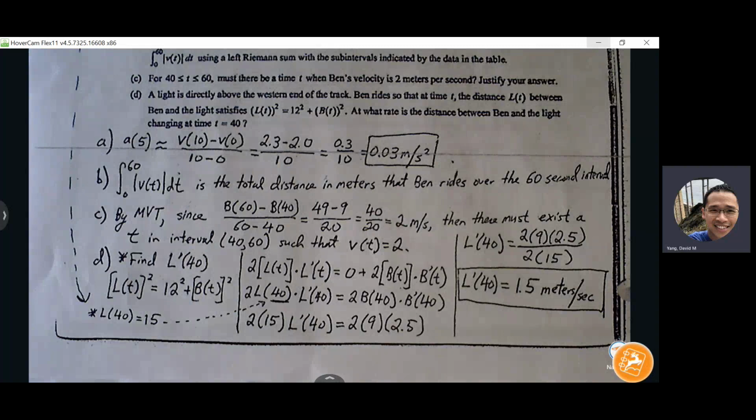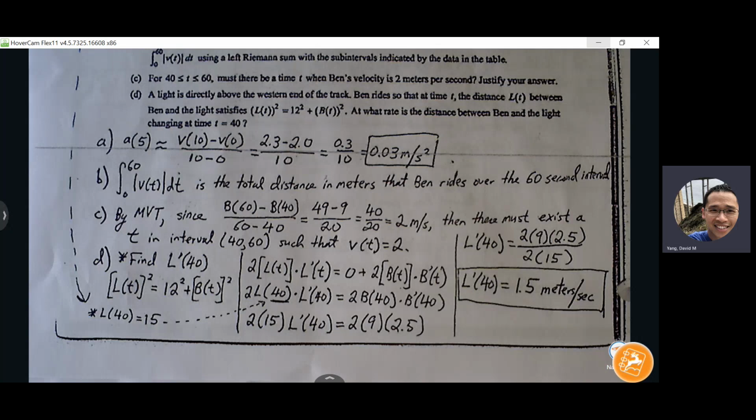Now, this is stuck inside the bracket, so to find the derivative, we have to go through chain rule. So bracket squared becomes 2 times the bracket times the inside function's derivative, so L of t becomes L prime. And then B of t squared becomes 2 B of t times B prime. Okay. L of 40 you can gather by plugging 40 into the L of t equation.